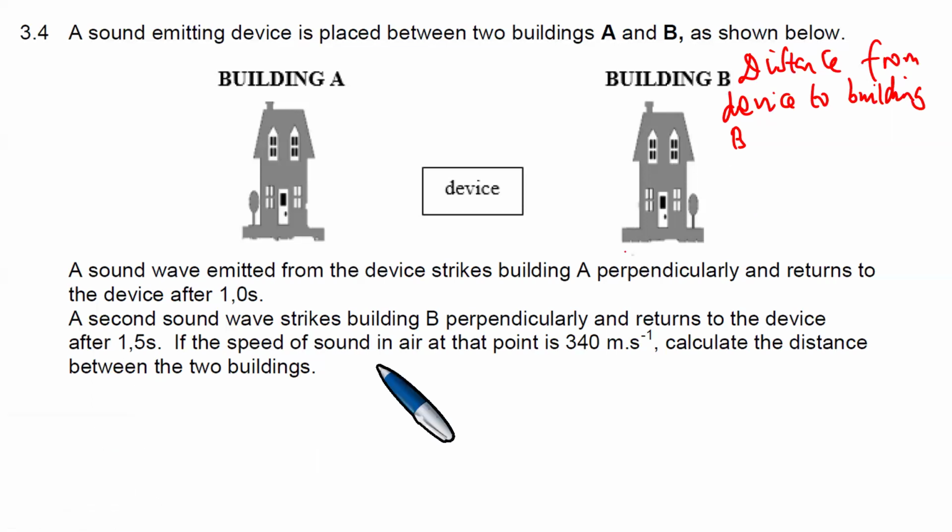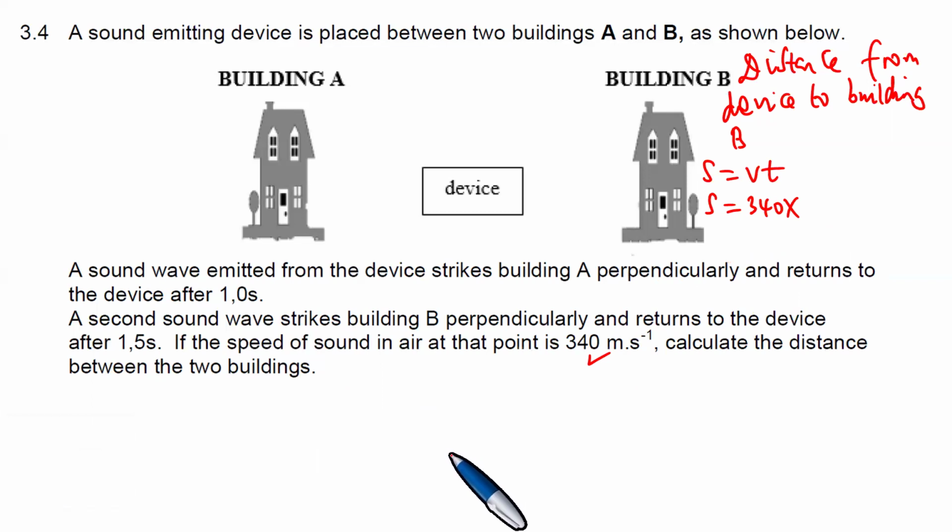That distance is S equals VT, use this formula. So S is equal to, we use 340 meters per second, and we multiply by the time.